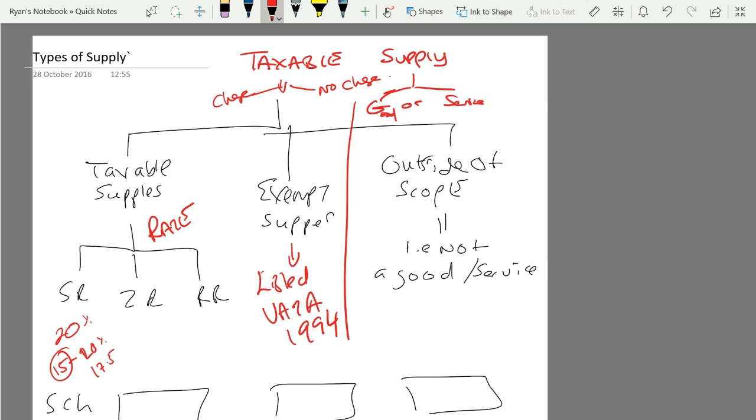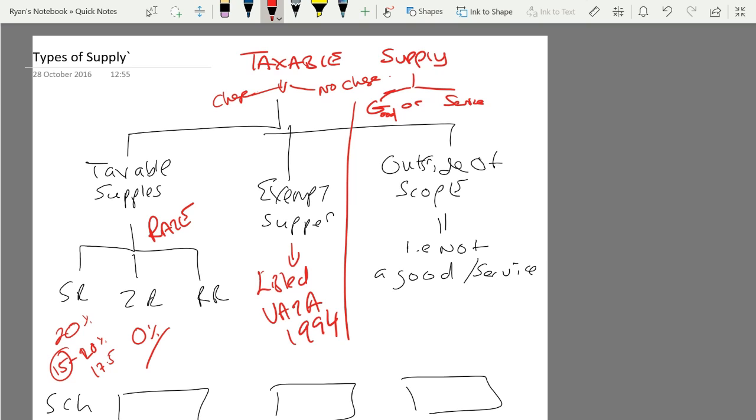It still is 20%. Zero rated is a rate of VAT, despite it being zero. Do not confuse 0% with an exempt supply, which has no percent, and outside of the scope, which does not have a percent either.